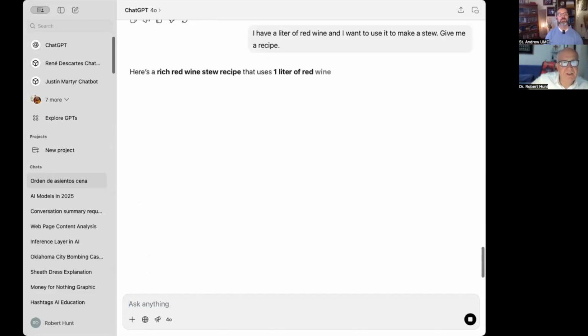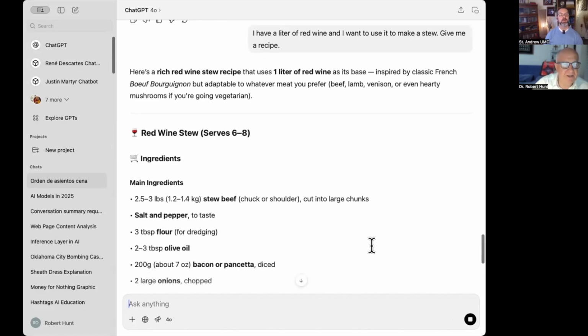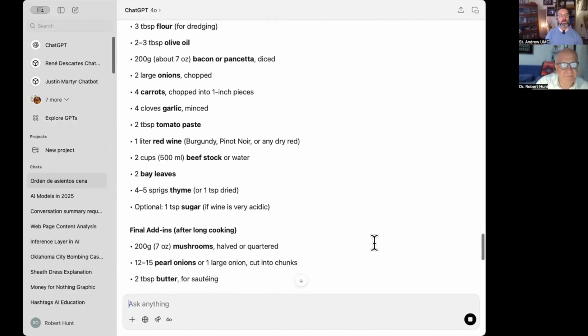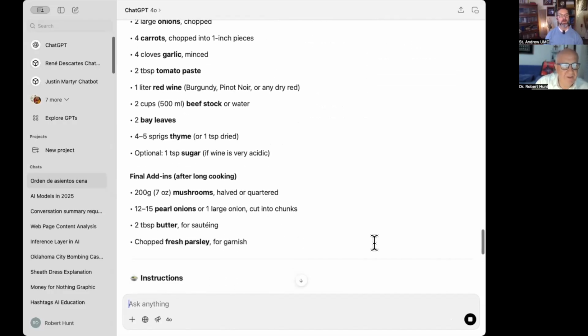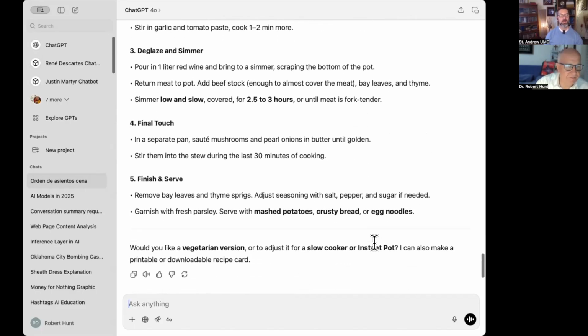It's a rich red wine stew. Use one liter of red wine as the base. Beef bourguignon. It's now going to serve 6 to 8. Gives me all the main ingredients, right? It's basically beef bourguignon. And then a final add-in and instructions and completely how to cook it. It happens that I've made this, but look, it'll give you a vegetarian version, adjust it for a slow cooker, Instapot. Then it'll download the recipe card.